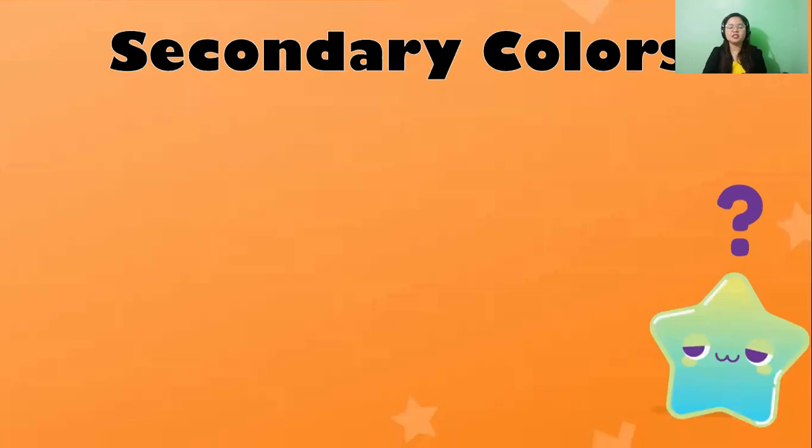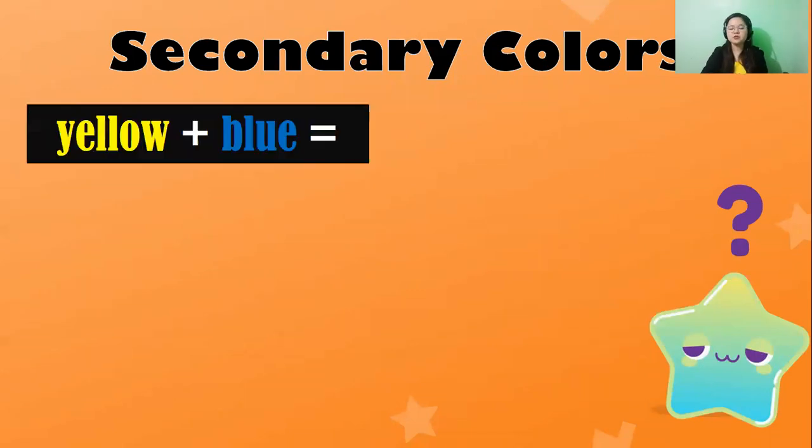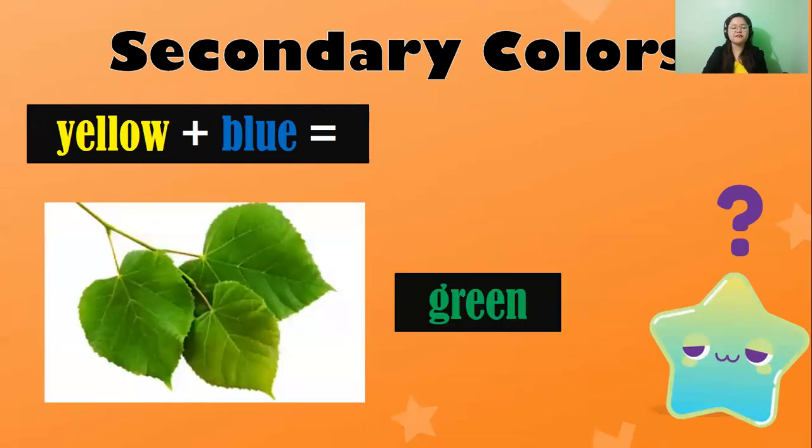Second kind of color is what we call the secondary color. When we say secondary colors, they are formed by combining two primary colors. The first one is a combination of yellow and blue. So, a combination of yellow and blue is green.